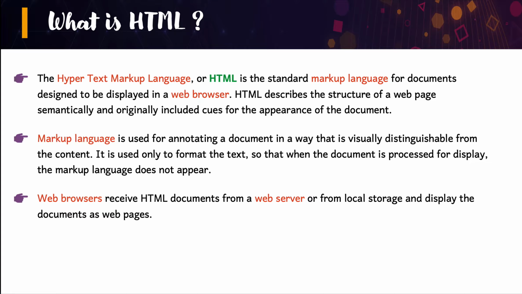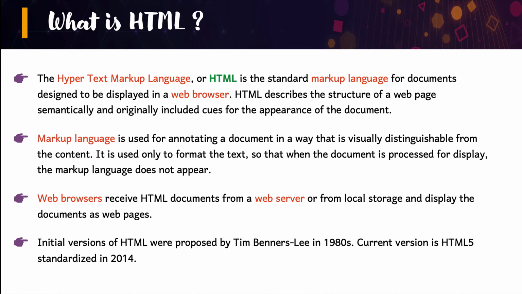A web page, an HTML page or an HTML document, each of them we can use interchangeably. The browser requests a web server, I want this web page. The server sends it, and the browser receives it, and then it understands the markup and then presents the web page to the user. This is what a web browser does.